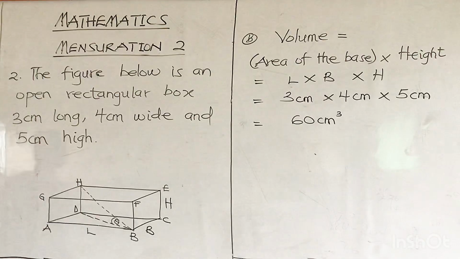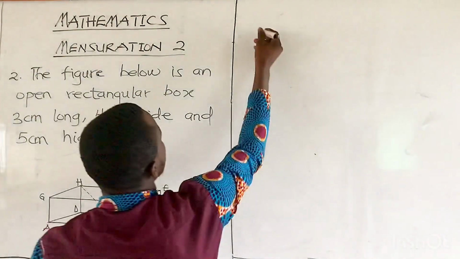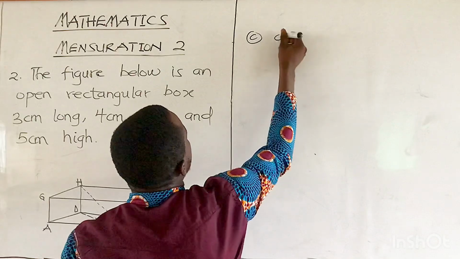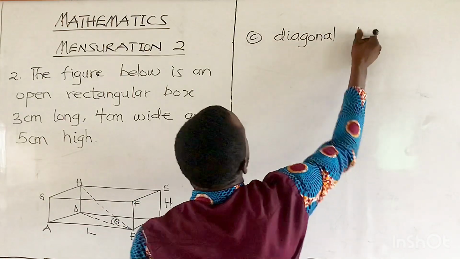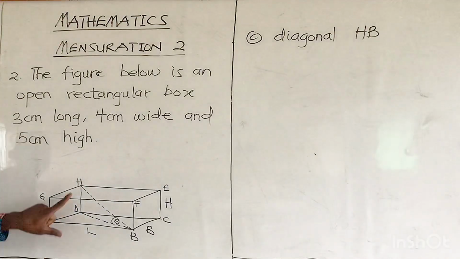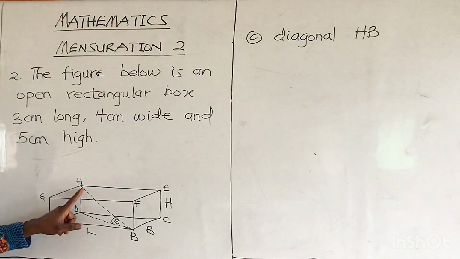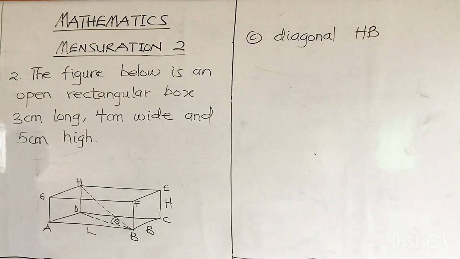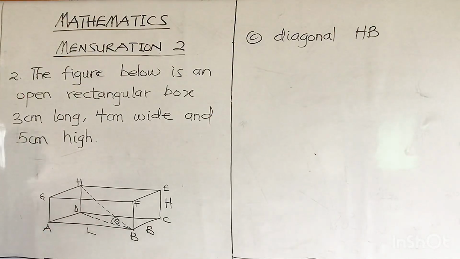So we are still going to look at the C part of the question. So the C part is the diagonal HB. Now when you check the diagonal HB, before we can get that diagonal, we need to get the distance DB.